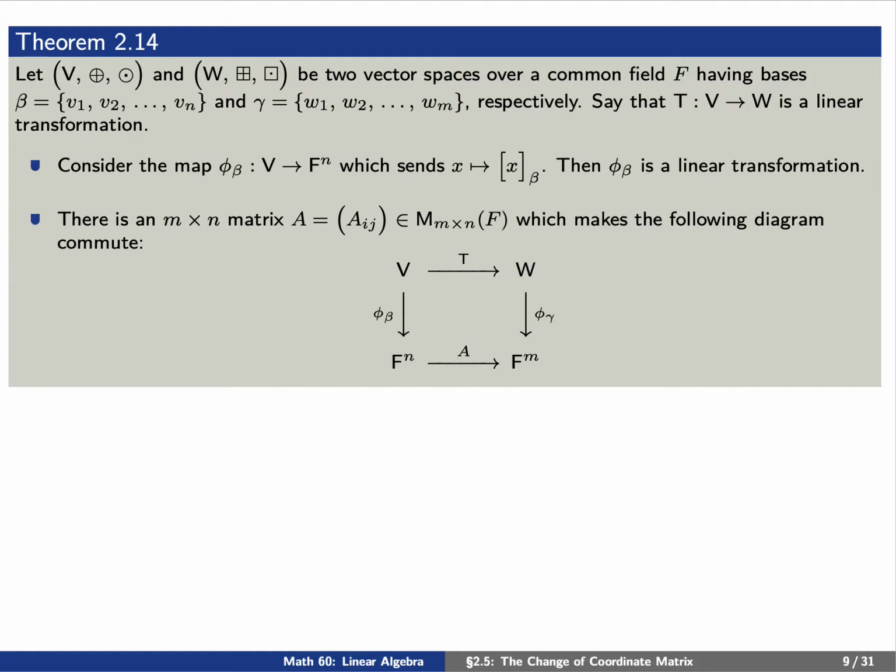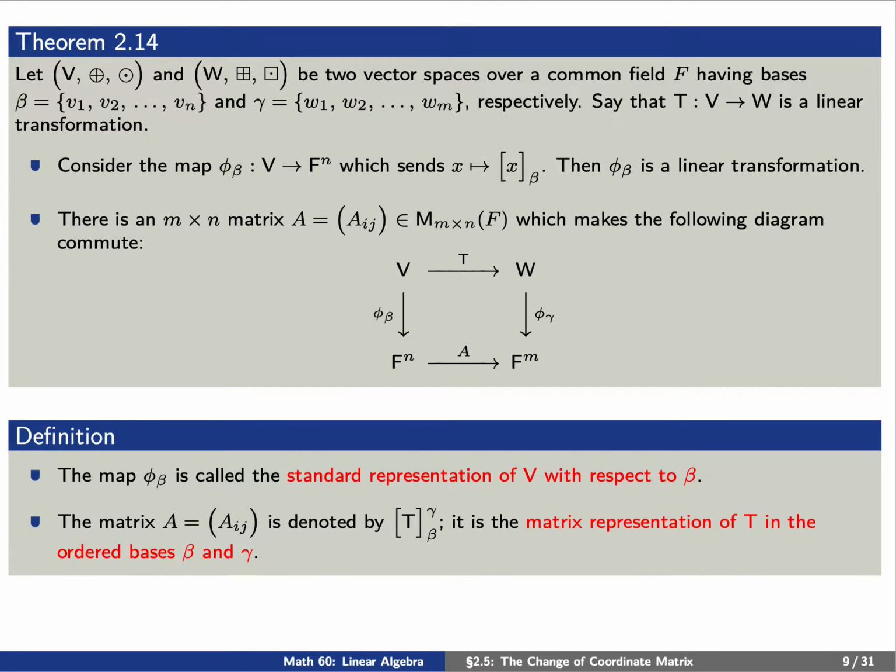Recall that we have the mapping that takes a vector x to its coordinate vector [x]. This is a linear transformation. Similarly, given a linear transformation T, we can find an m by n matrix that corresponds to T. The mapping phi sub beta is called the standard representation with respect to beta, and the matrix [T] is the matrix representation of T with respect to the ordered bases beta and gamma.